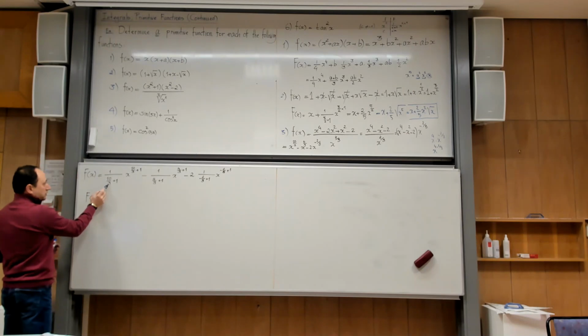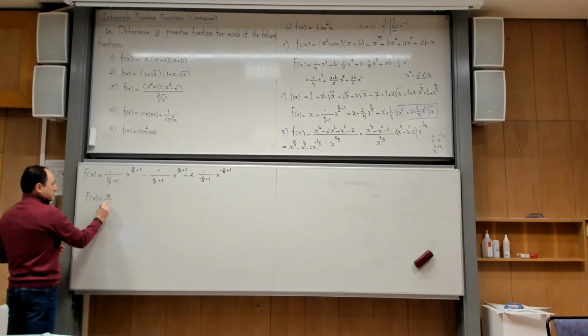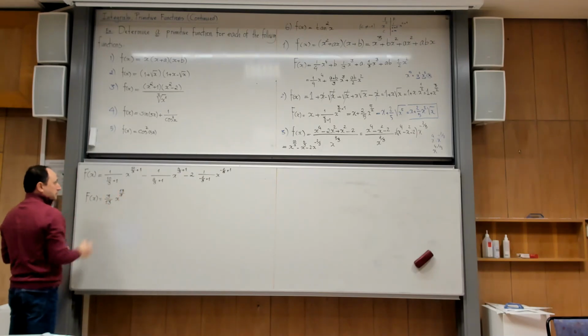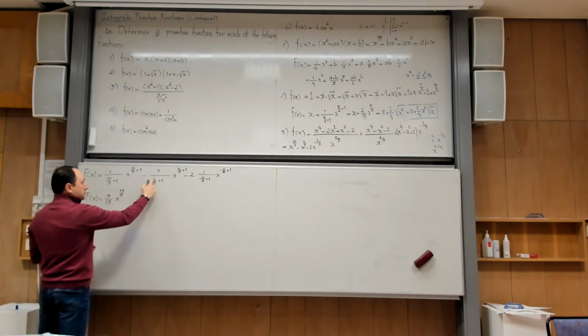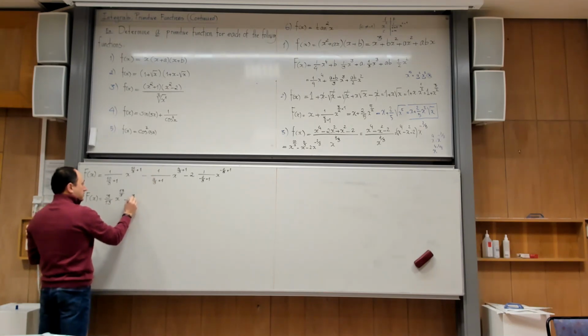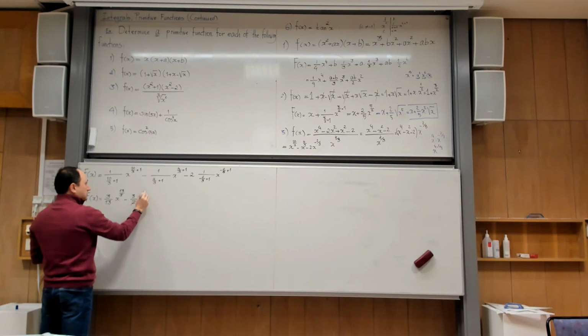So 10/3 plus 1 is 13/3, but it is 1 over 13/3, so it becomes 3/13. And then that becomes x to the power of 13/3. And then the same thing here, it becomes 7/3, but it is 1 over 7/3, so it becomes 3/7, x to the power of 7/3.